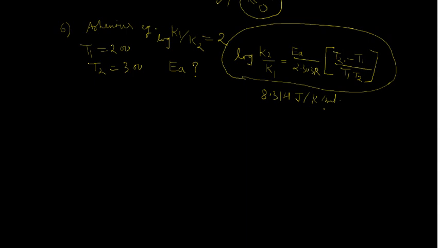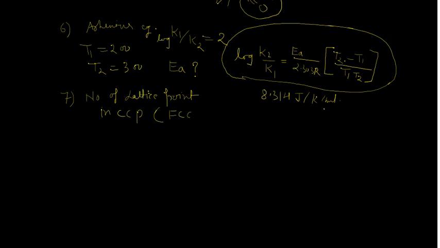And one more question, I think they have asked the number of lattice points in CCP, cubic close packing, and cubic close packing is nothing but FCC, face centered cubic.